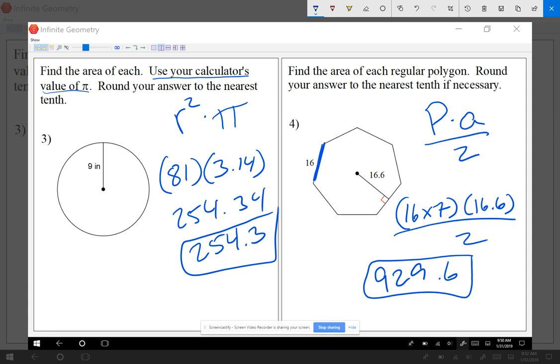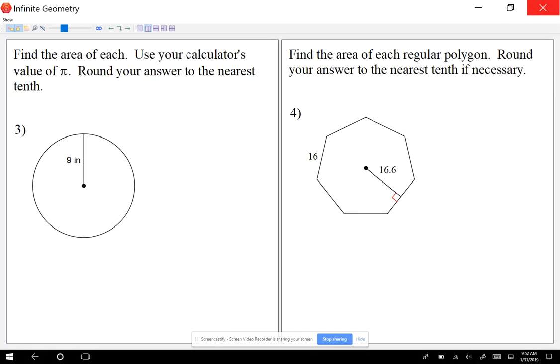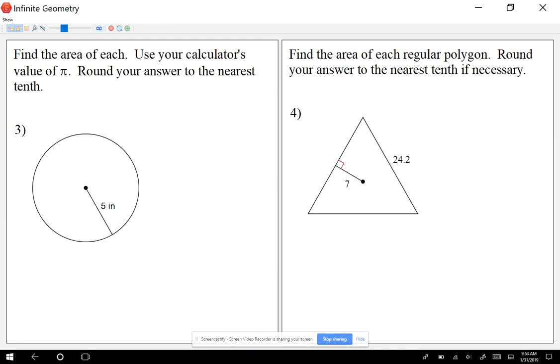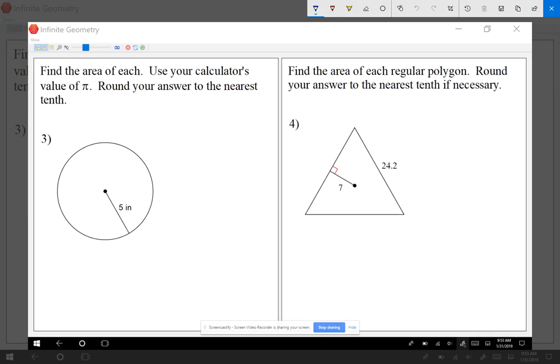One thing in here, though, for number 4, it works for all polygons. So a triangle, let me see if I can find a triangle here. A triangle is also a polygon. I know for question number 1, we multiplied the two numbers across the 90 degrees, but one of the things that we had was that one of my sides was from one side all the way to the other corner. If you notice, this one is not the altitude of the triangle.